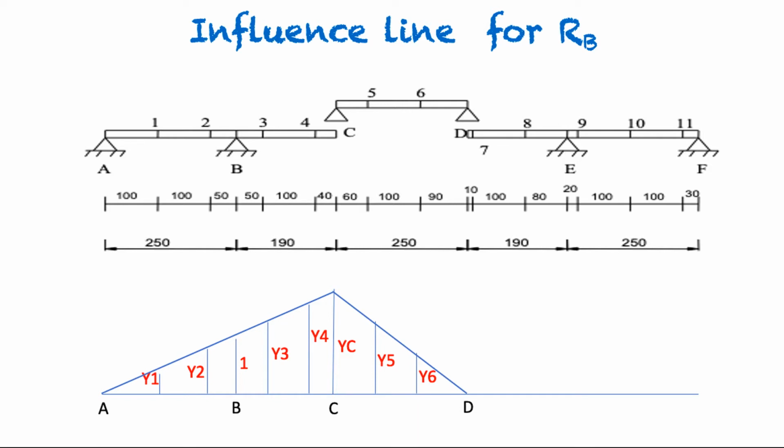So we have a triangle, with 0 at A. We draw the straight line to B, 1 unit load, and then since C is overhanging, it will also follow the deflection of AB, reach the maximum point at C, and then go down because CD is simply supported, and at D it will reduce to 0.